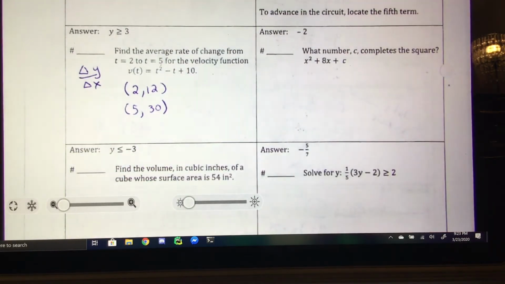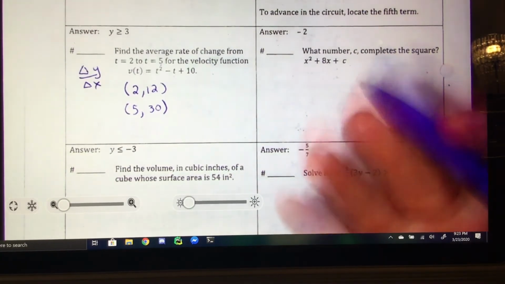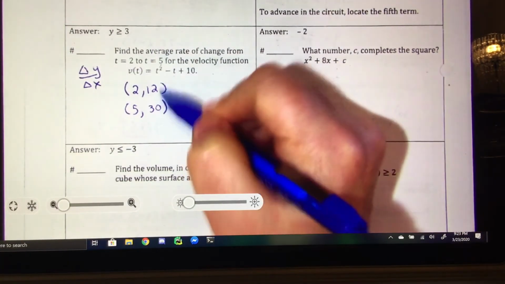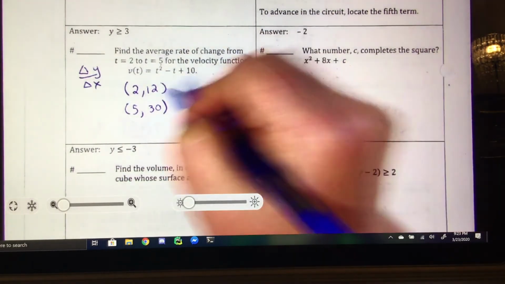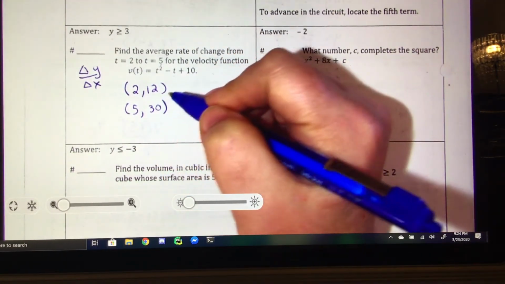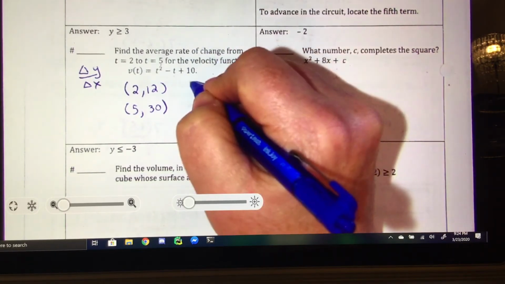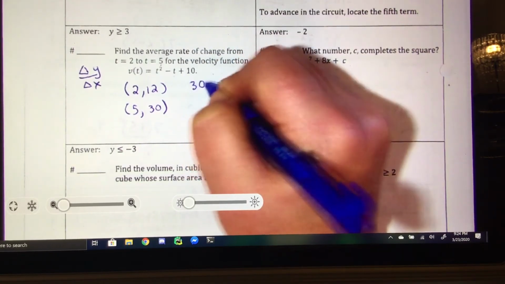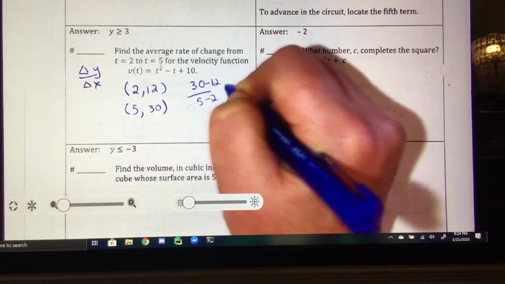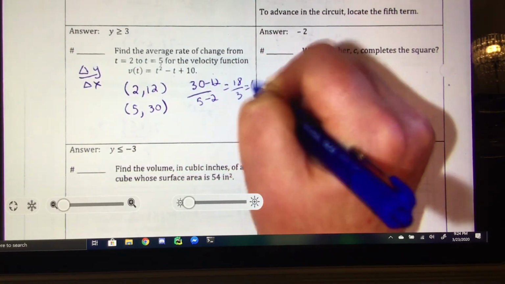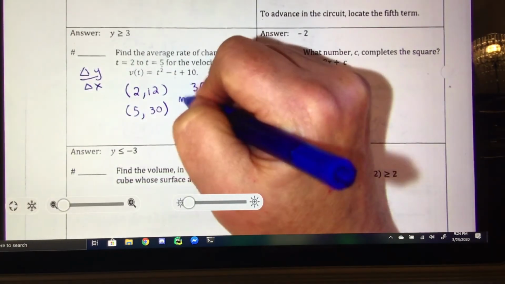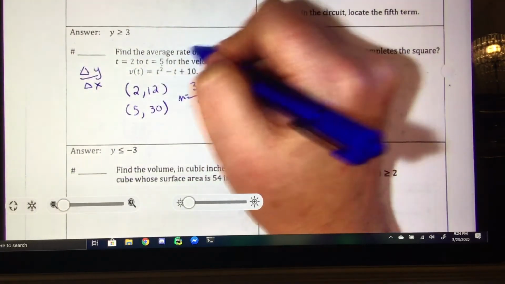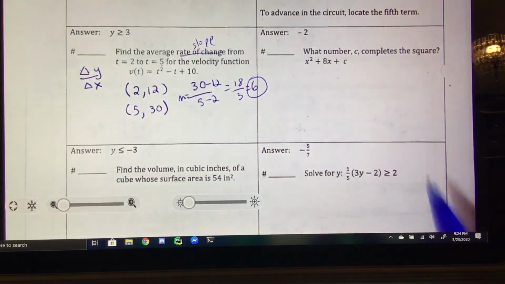And I need the average rate of change, which would be the slope. So y2 minus y1 over x2 minus x1. So I'll just do 30 minus 12 over 5 minus 2, which is 18/3, which equals 6. There we go. Rate of change in this case is our slope.